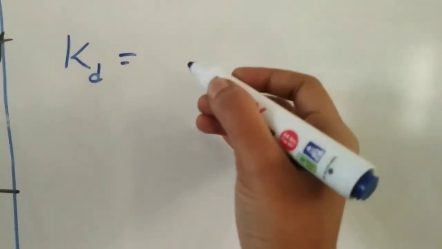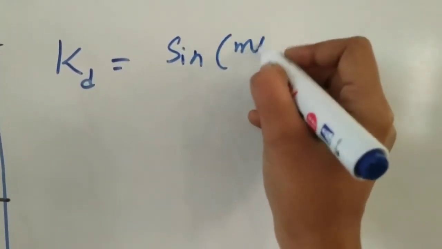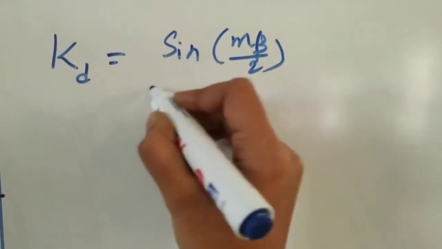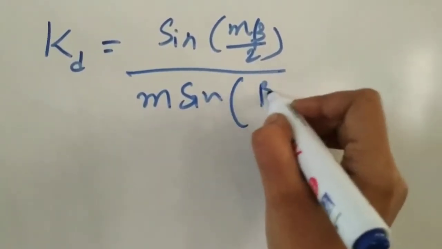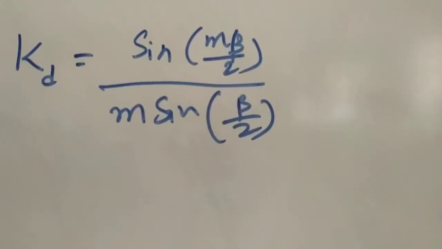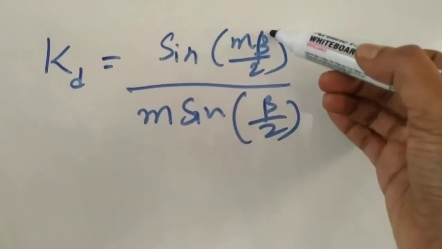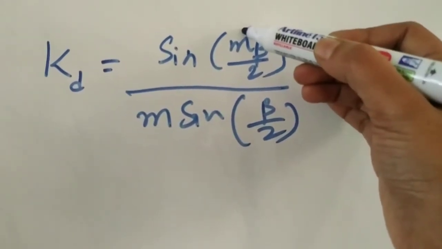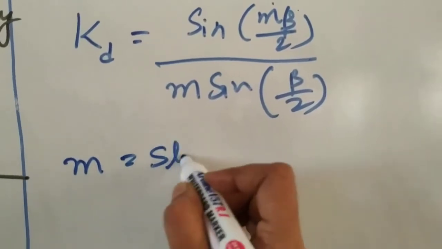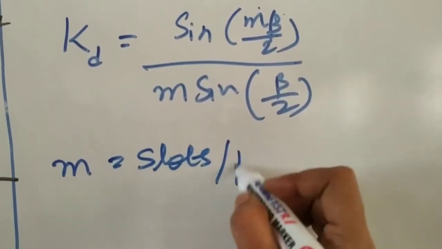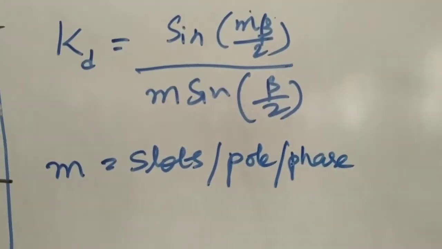Kd is given by sine of m beta by 2 divided by m into sine of beta by 2, where beta is the slot angle and m is the slots per pole per phase.